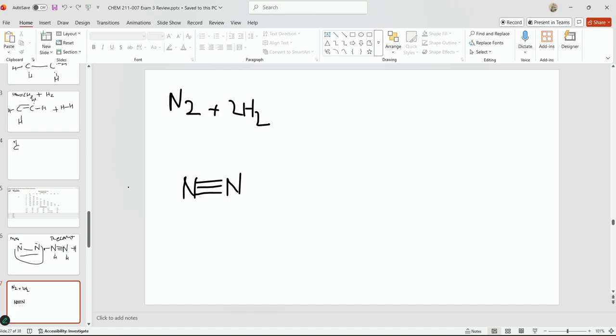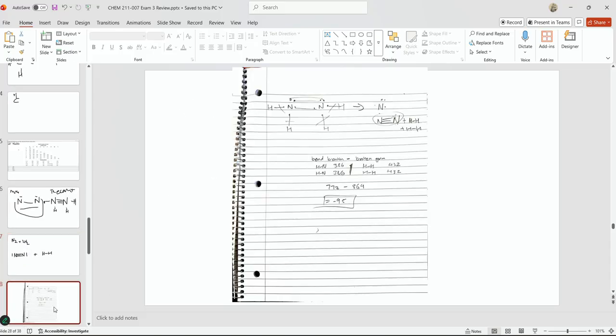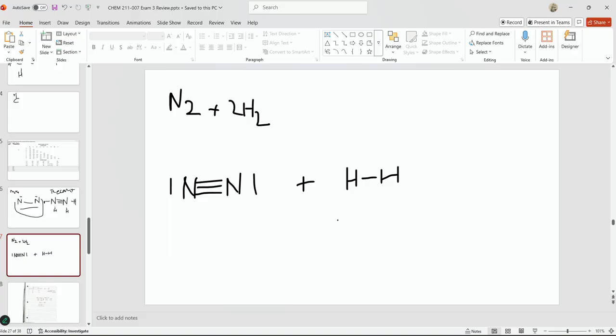Cool. Okay, so now we have 2 hydrogens. Is this going to have a single bond for 2 of them? Yeah, it's going to be like this.